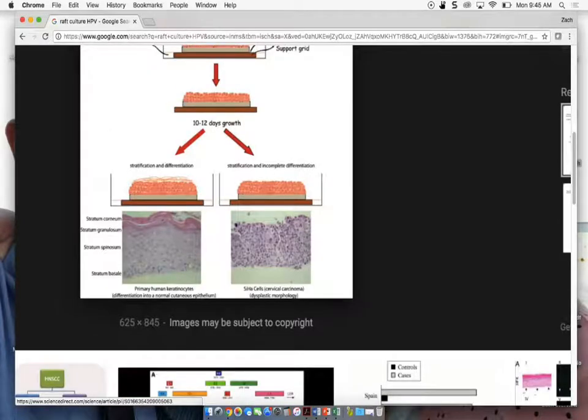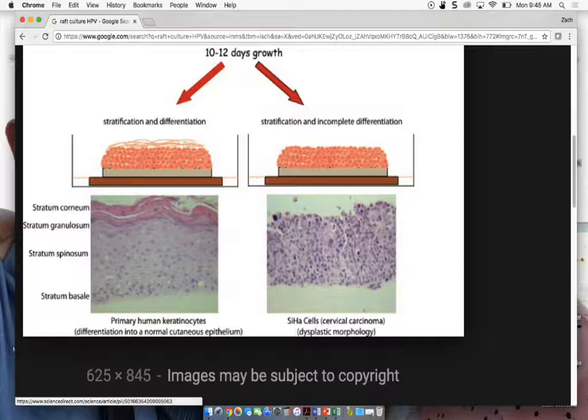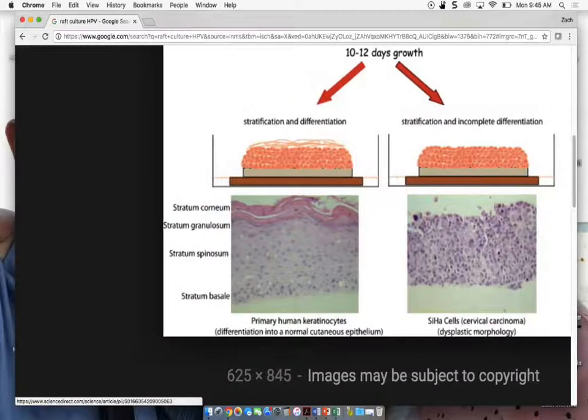And here is what those raft cultures look like. You actually can see here, here's the basal layer. And as you move upward, you're starting to get the keratinocytes produced here at the top. So this does a pretty good job of reproducing what we find in vivo.